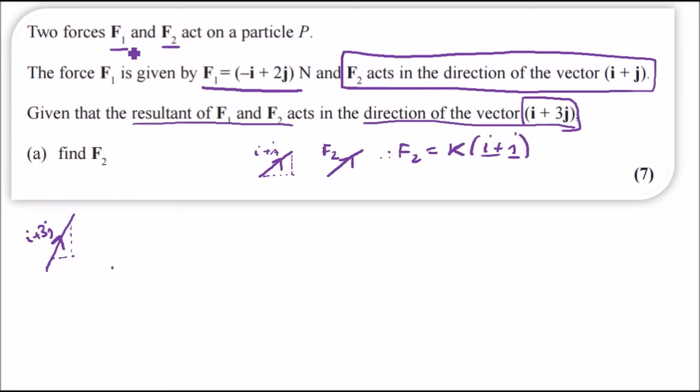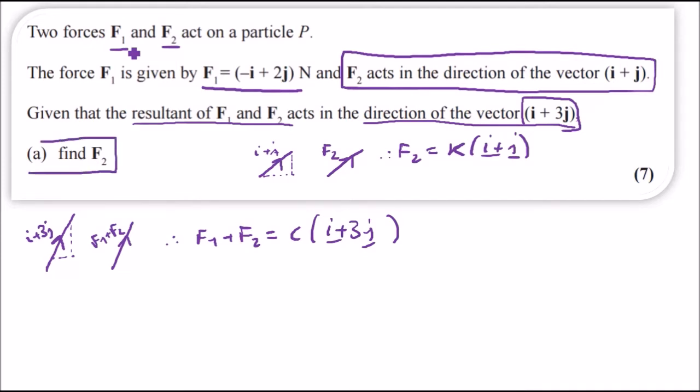And we know that F1 plus F2 also moves in that direction. So we'll call this F1 plus F2. And therefore that means F1 plus F2 must equal some scale factor, let's call it c this time, of i plus 3j.